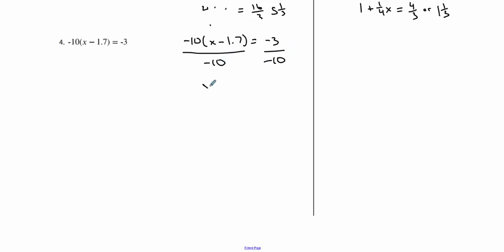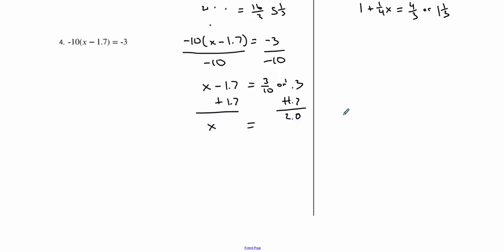So I end up with x minus 1.7 is equal to 3/10, or since I have a decimal over here, 0.3. So now I add 1.7. Since I'm subtracting, I'm going to add 1.7, and I end up with 2. So x is equal to 2.